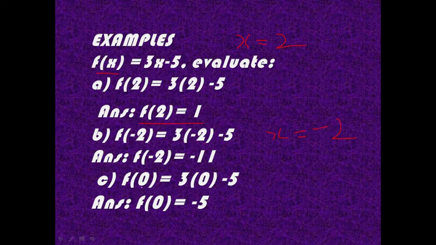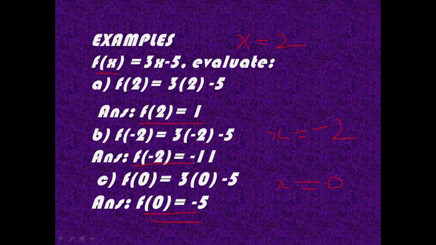It'll be solved in the same way. 3 into 0 is 0, and 0 minus 5 would be minus 5. Here x is equal to 0. You must have understood that. So the answer is f of 0 is equal to minus 5.